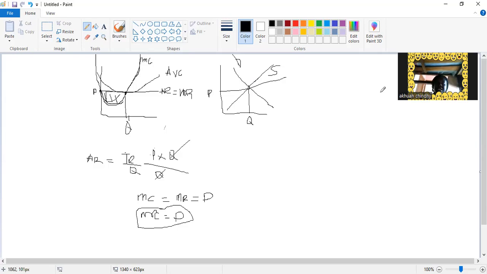So suppose in the market, demand and supply work together, and then price increases. So let's say the price increases to this point. Okay, and then we are tracing it to the firm. Tracing it to the firm, the firm's demand curve or the price will also rise up, and we see that quantity will increase.